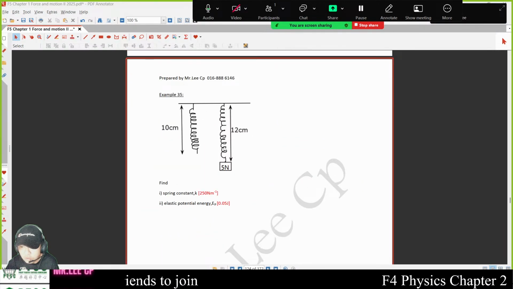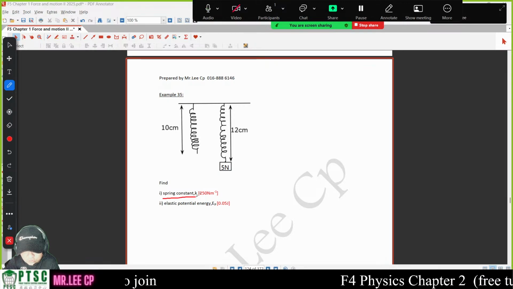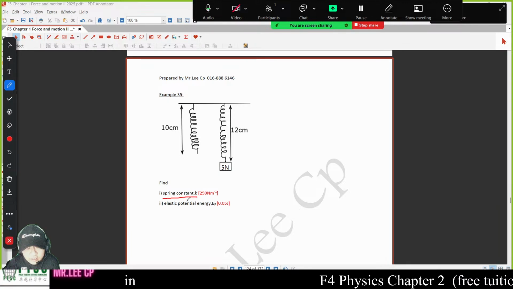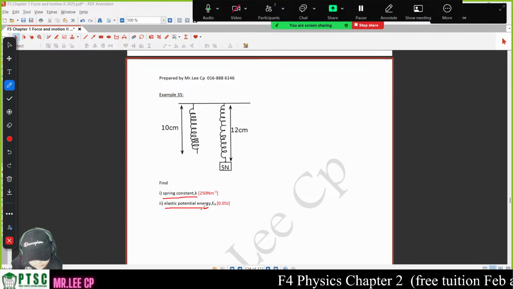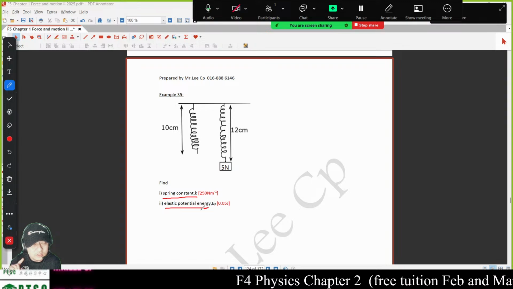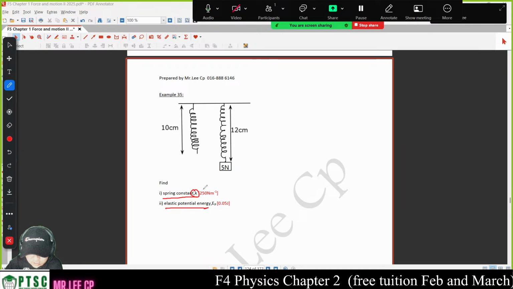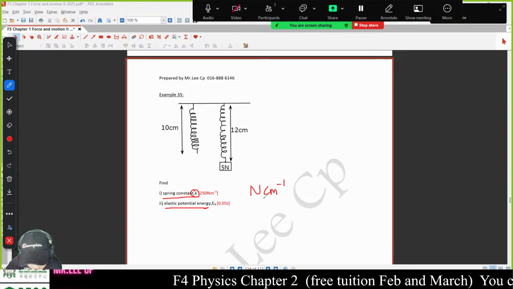So we go to this kind of question. This kind of question, they ask you to find the spring constant. And you have to look at the second question. What do they ask you? Energy stored in the spring. Energy stored in the spring, you cannot use K as Newton per cm already.